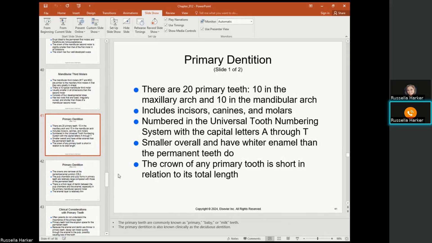The crown of a primary tooth is short in relation to its overall total length. So if you extract a primary tooth, the root is a lot longer than the crown. We often call the primary teeth baby teeth or milk teeth, but their proper name is primary teeth. The older term for that is deciduous. So if you hear the term deciduous, they are talking about primary teeth.